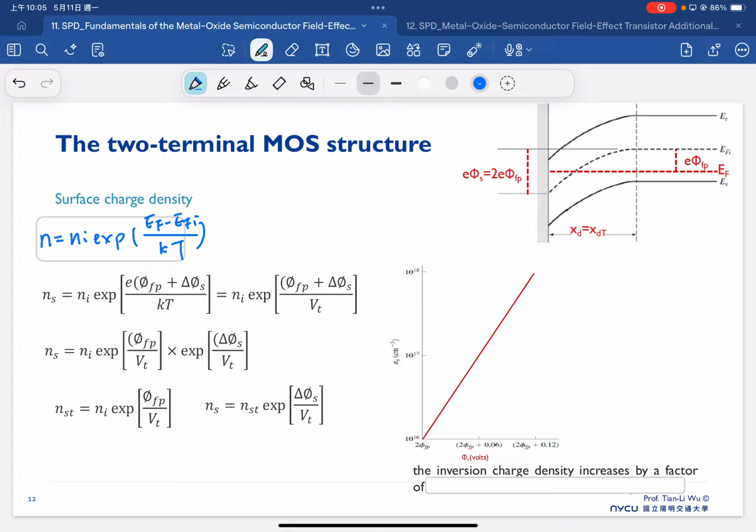And now we have Ns, which can be considered as the original phi FP plus this additional phi S. This additional phi S is mainly due to the applied bias.